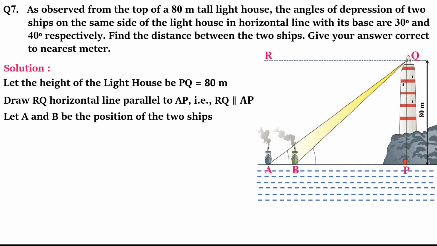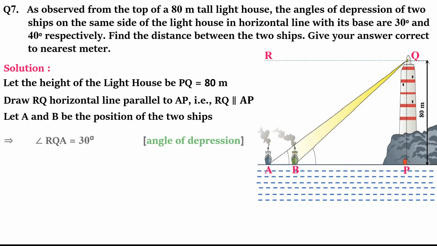So A is the first ship, B is the second ship, and AP is the horizontal surface of water, and RQ is the line that we have drawn ourselves for making the angle of depression. Here we will assume the surface of water is calm, a straight line, so that we can create a right angle triangle.